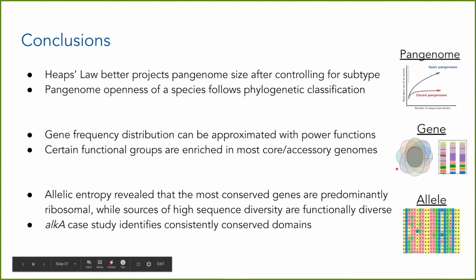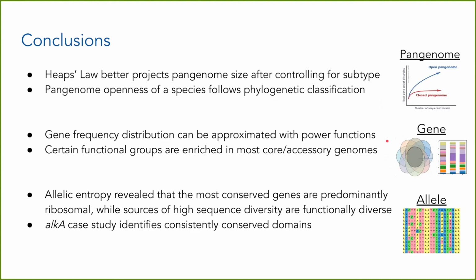And so with these analysis methods, we are able to compare pangenomes of 12 different organisms at a variety of scales. At the broadest level of pangenome, we find that this Heap's law approach works better at predicting pangenome size if you control for subtype. And the openness values you get from Heap's law suggest that the openness of a given species follows its phylogenetic classification.